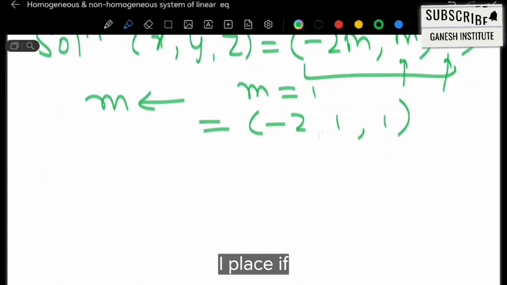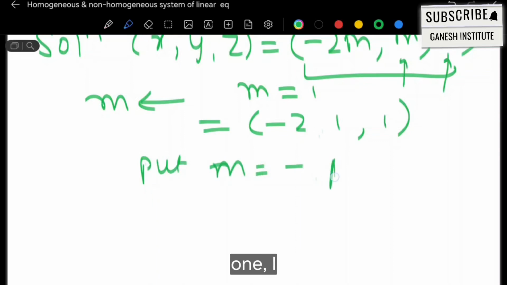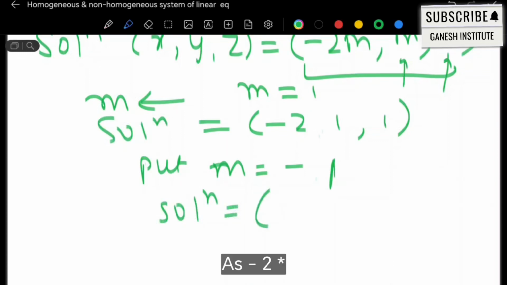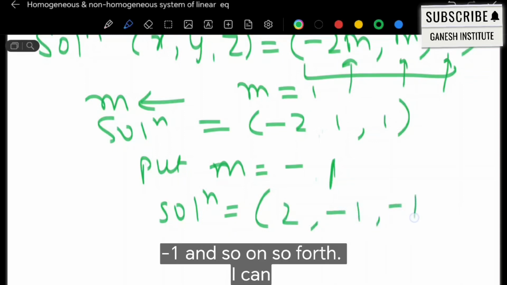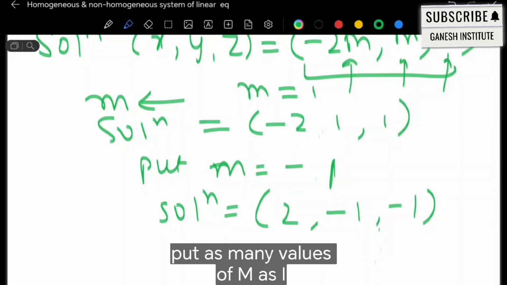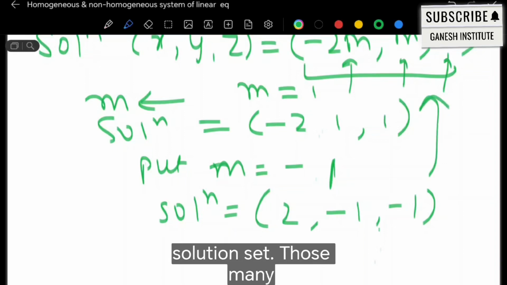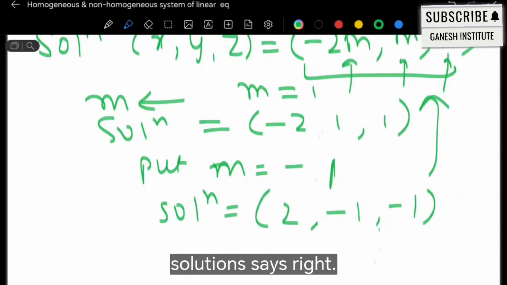If I substitute m as minus 1, I would get the solution as minus 2 times minus 1, that is 2, minus 1, minus 1, and so on and so forth. I can put as many values of m as I want, and I will get that many solution sets, right?